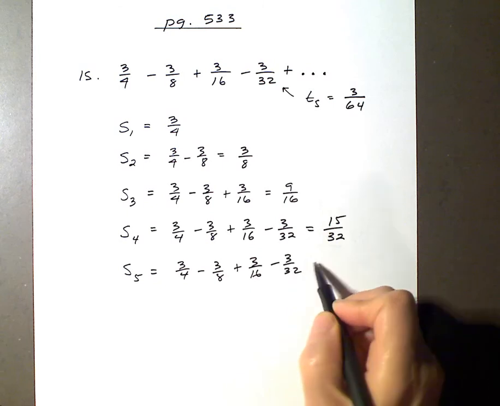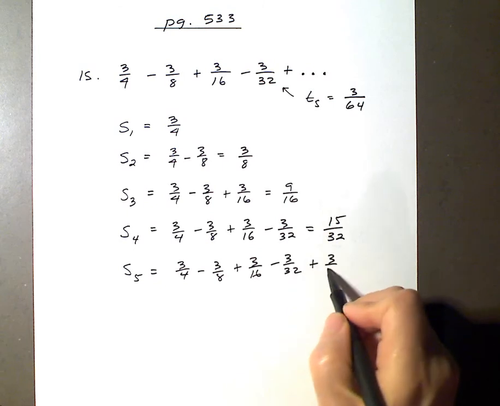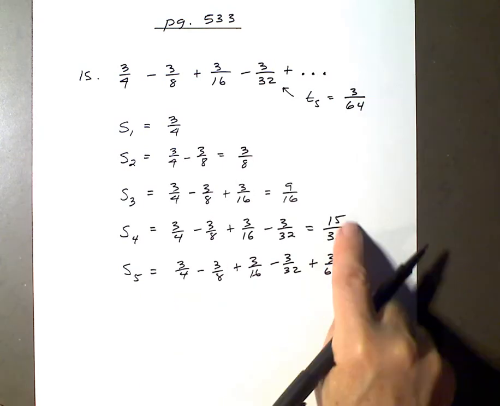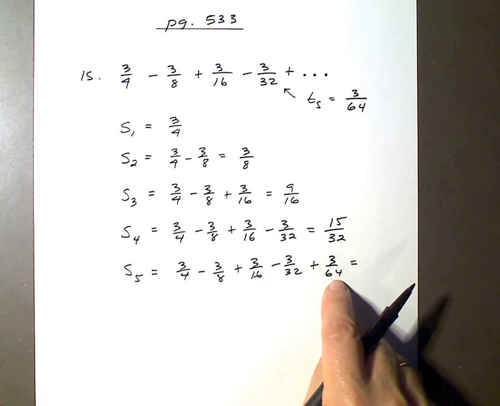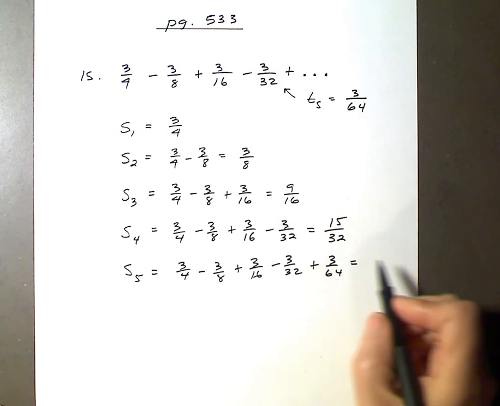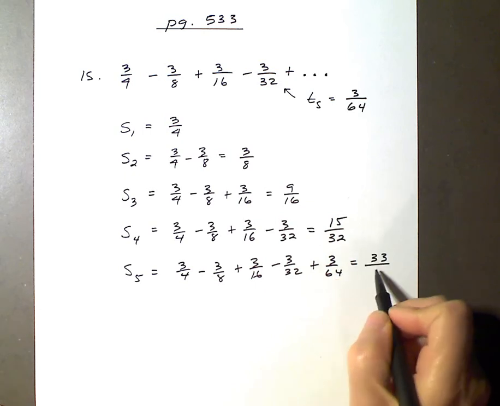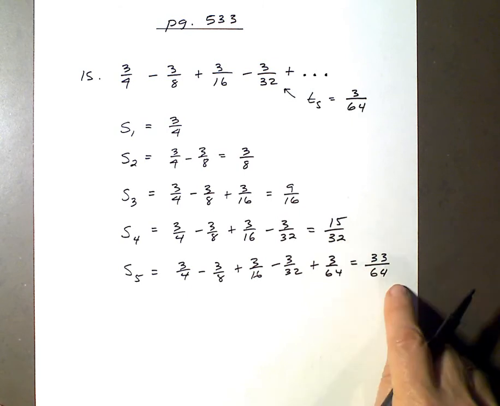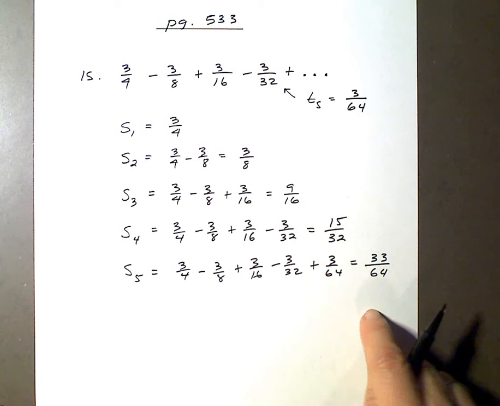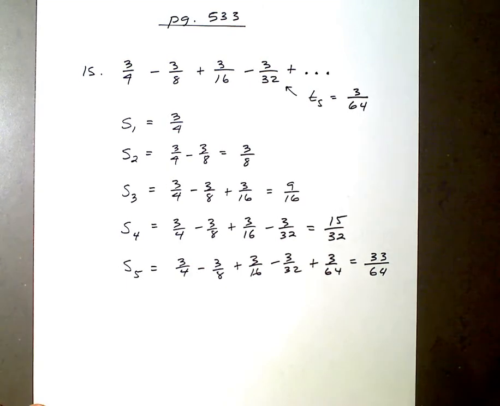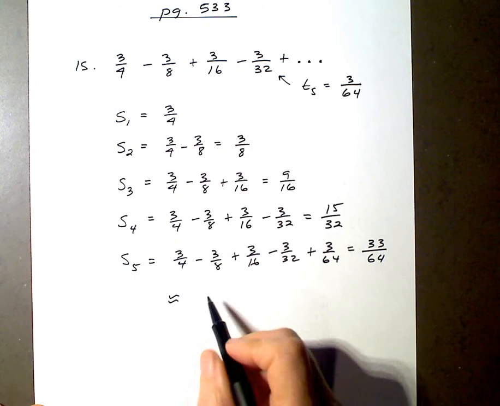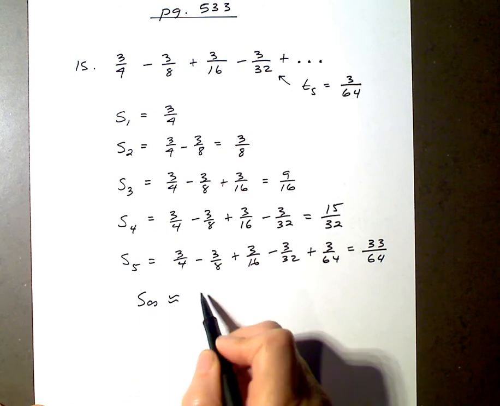So plus that 3/64, and if you put these all over a common denominator, or just take this and add the 3/64 to it, you get 33/64 again. Notice this was a little less than 1/2, this was a little more than 1/2, the next one will be a little less than 1/2, and we're gradually going to hone in on 1/2. So we think that the sum, the infinite sum, is 1/2.